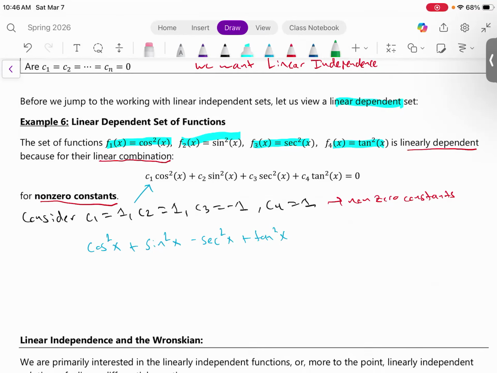Recall a couple of trig identities: cosine squared plus sine squared equals 1, and tangent squared minus secant squared also equals 1.